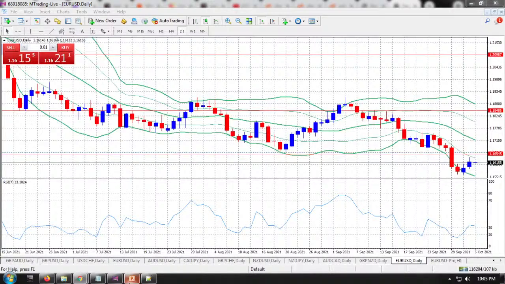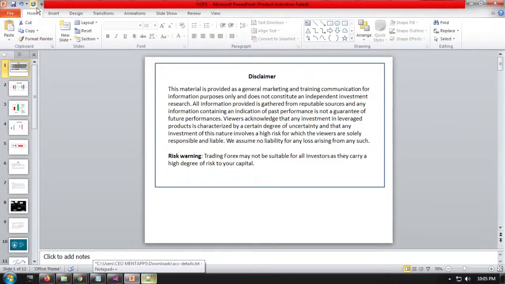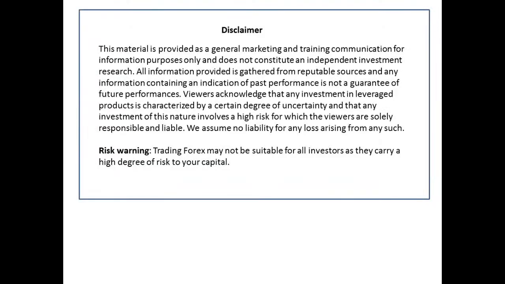All right, just as we used to do, we'll need to take our disclaimer. So let's quickly run through it. This material is provided as a general marketing and training communication for information purposes only and does not constitute independent investment research. All information provided is gathered from reputable sources, and any information containing an indication of past performance is not a guarantee of future performance.